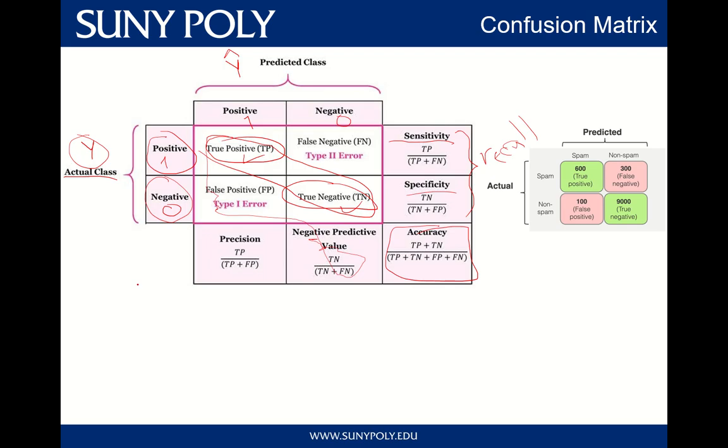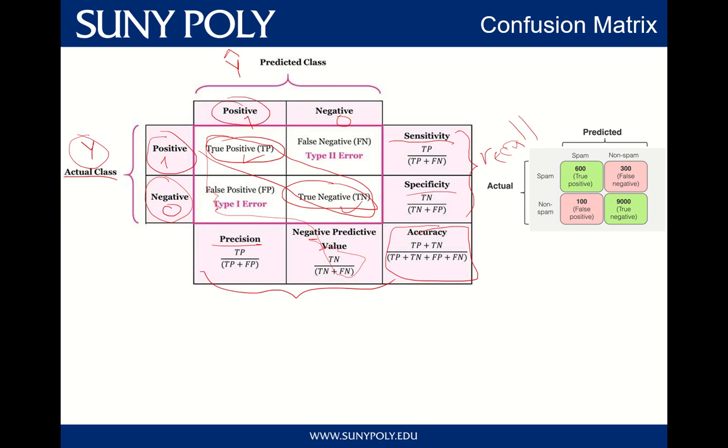Now, a second important metric that you need to consider here is called the precision. The precision measures the quality of the prediction. It's like how much you can trust your model. Please notice that here we analyze the column and we use the predicted classes.